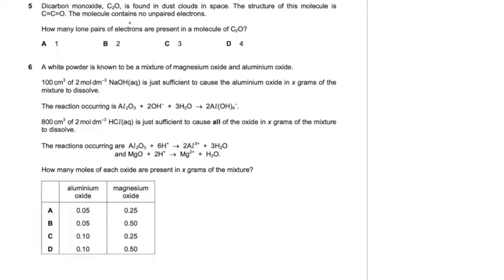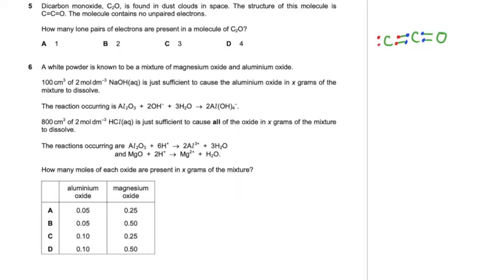Question number 5. Dicarbon monoxide is found in the dust clouds in space. The structure of this molecule is this. Okay, look at the structure. Carbon has 4 electrons in its outermost shell. This carbon also has 4 electrons in its outermost shell.